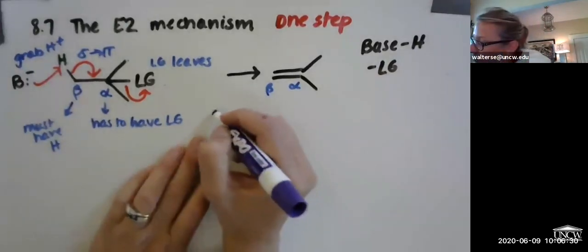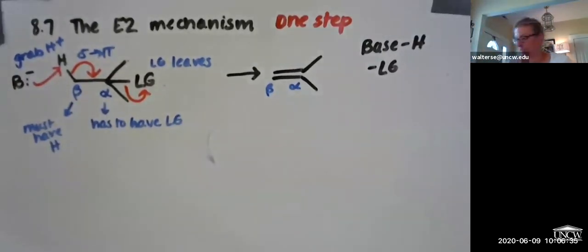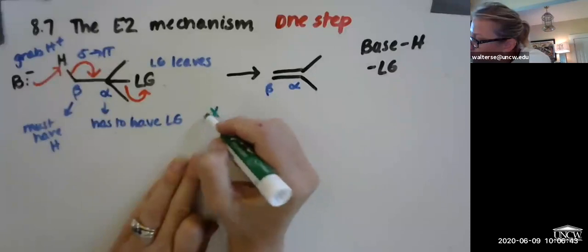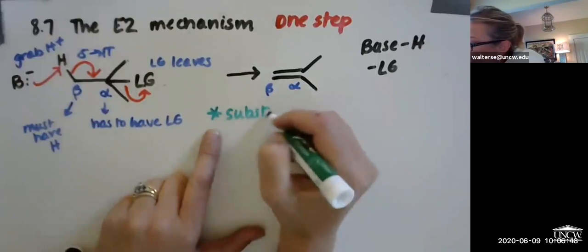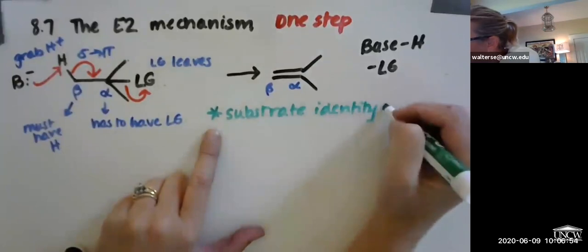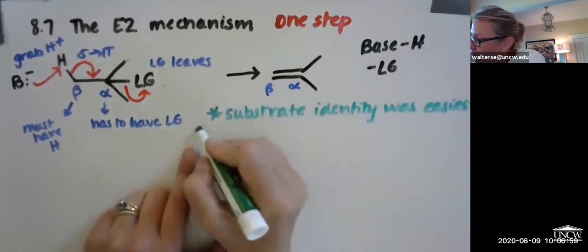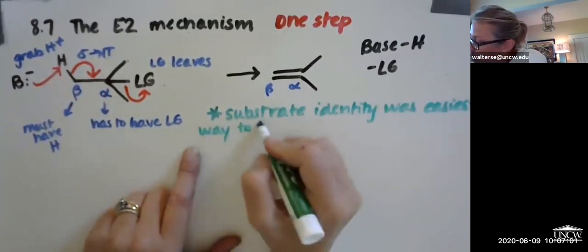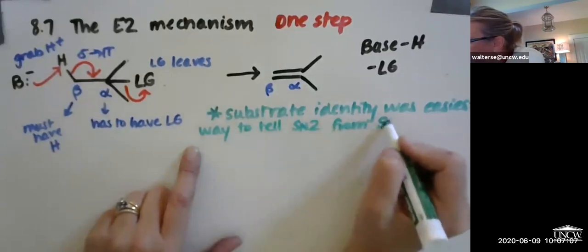I want you to put a note. Substrate identity was the easiest way to tell SN2 from SN1.